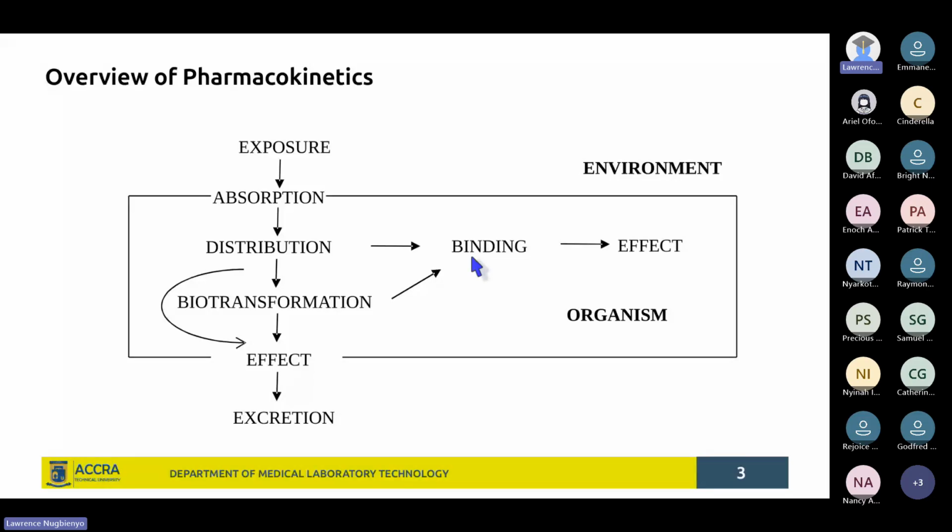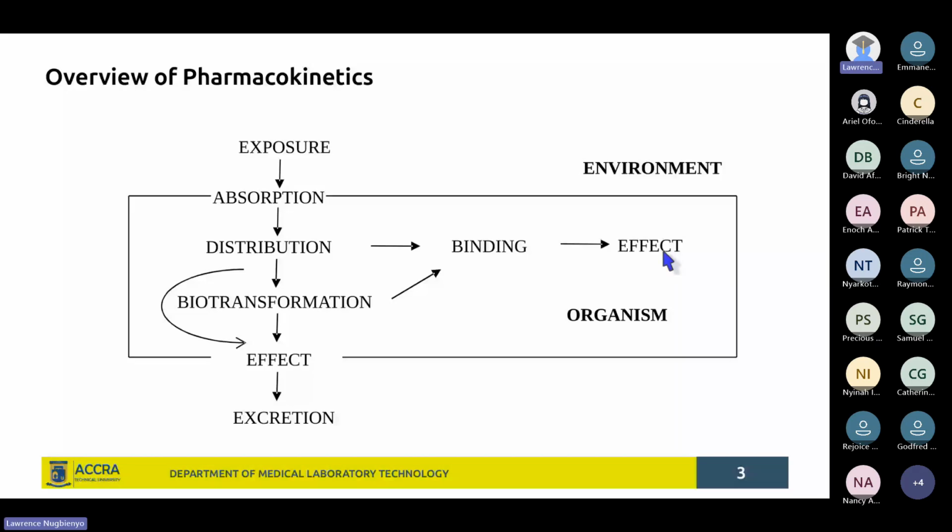You'll find some drugs that can bind to blood proteins. And you also find some of the drugs that when they get to the target tissues, they will first get bound onto the cells, and then they have their effect on that cell.